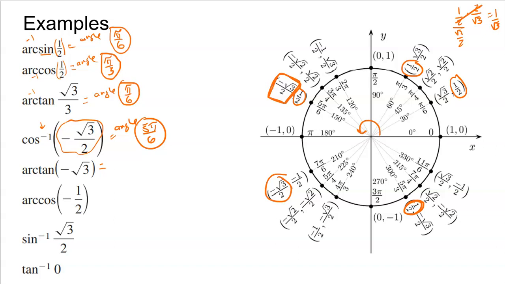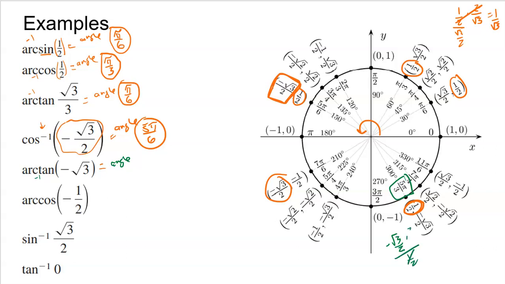All right, arc tangent of negative radical 3. This one's going to be a little bit tricky, so listen and pay attention. First off, arc means inverse, so I'm looking for an angle where the y divided by the x is negative radical 3. Well, that's going to happen right here at 5 pi over 3, right? Because take the y coordinate, negative radical 3 over 2, and divide it by the x coordinate, 1/2.